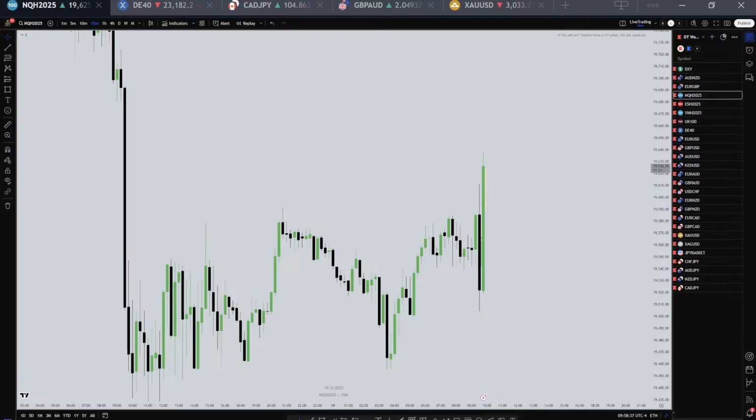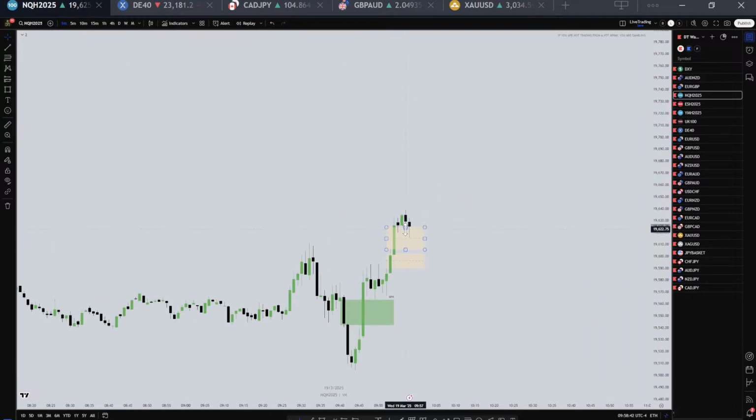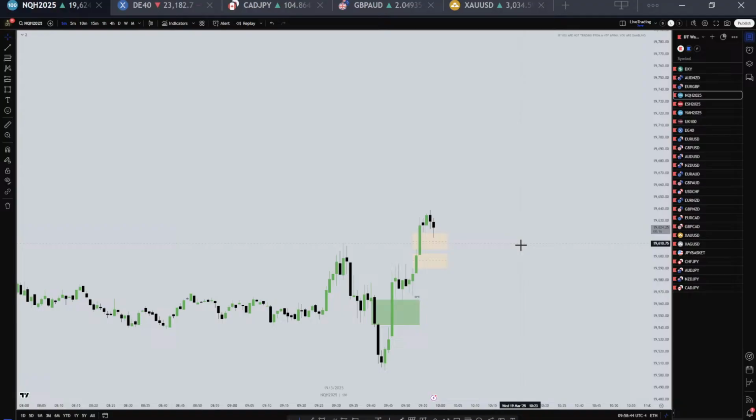Cool, so we're close to 10 a.m. Reverse gap one, reverse gap two.